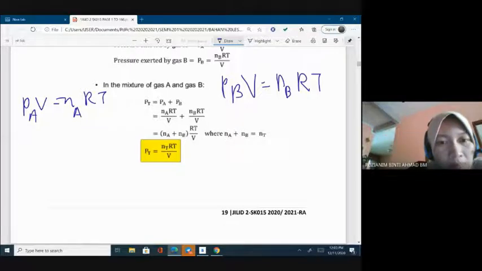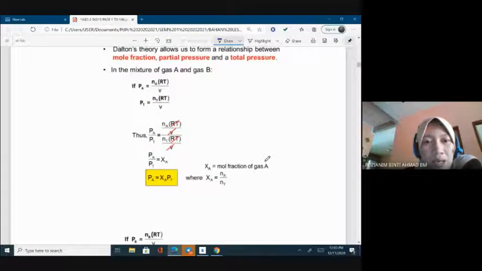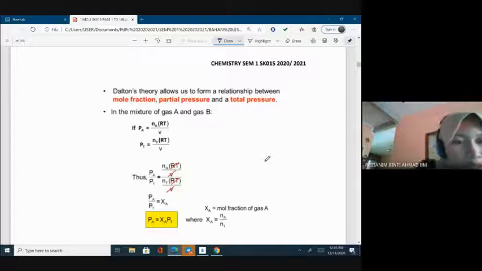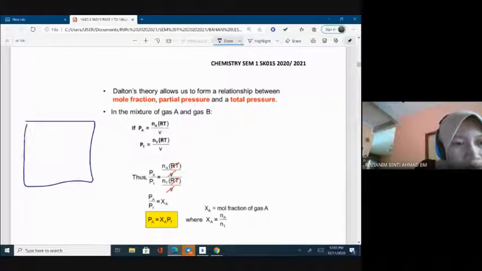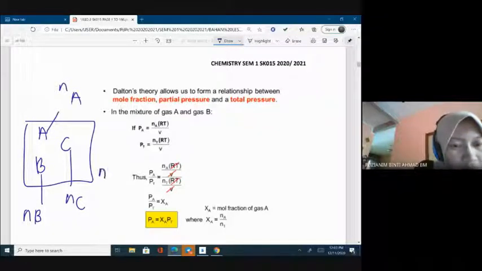We mix together by adding PA plus PB and rearrange, and this is your final formula. The total pressure is equivalent to n total. Next. If we combine according to mole only, in your container I have gas A, gas B, gas C, and we have the moles for A, B and C. Finally, we can find n total and we can find P total.